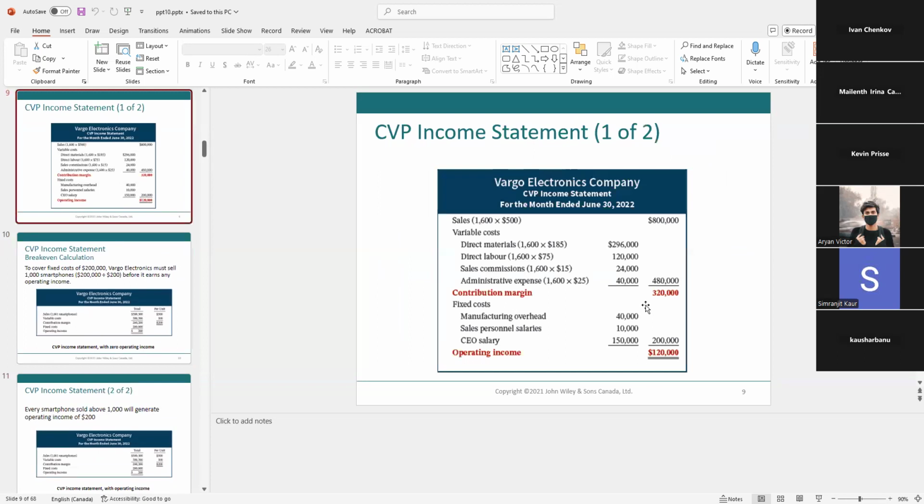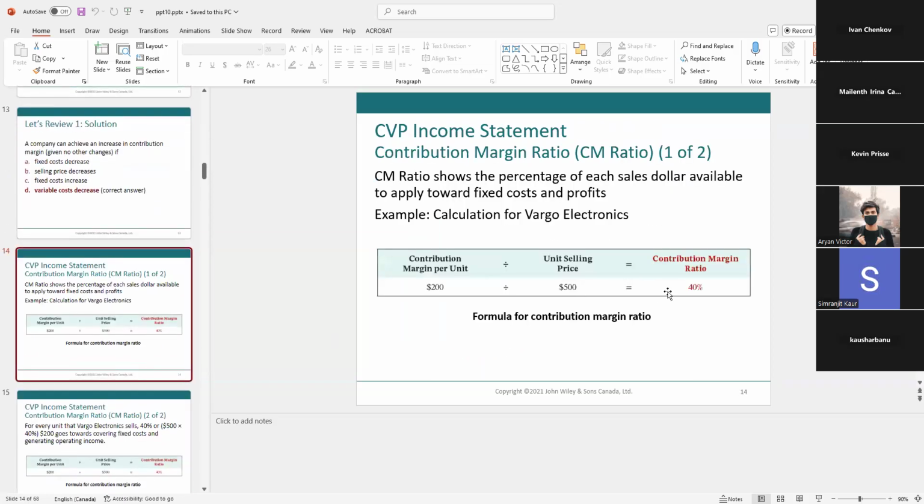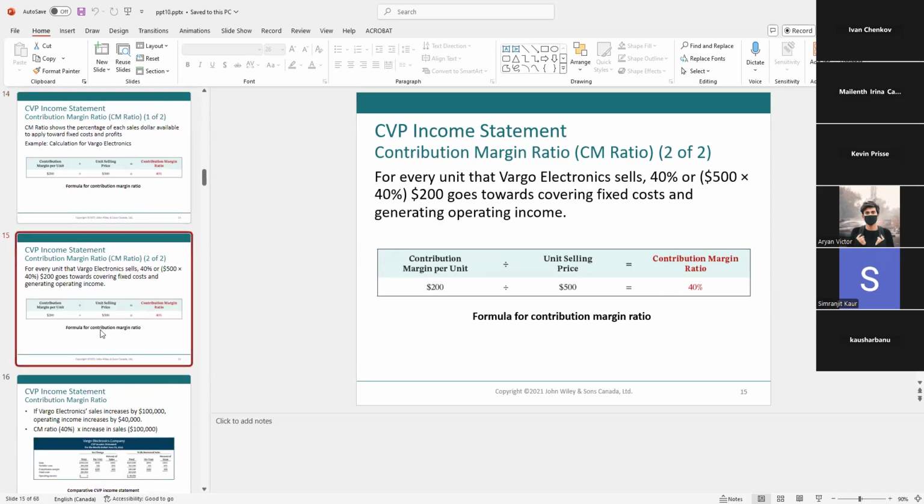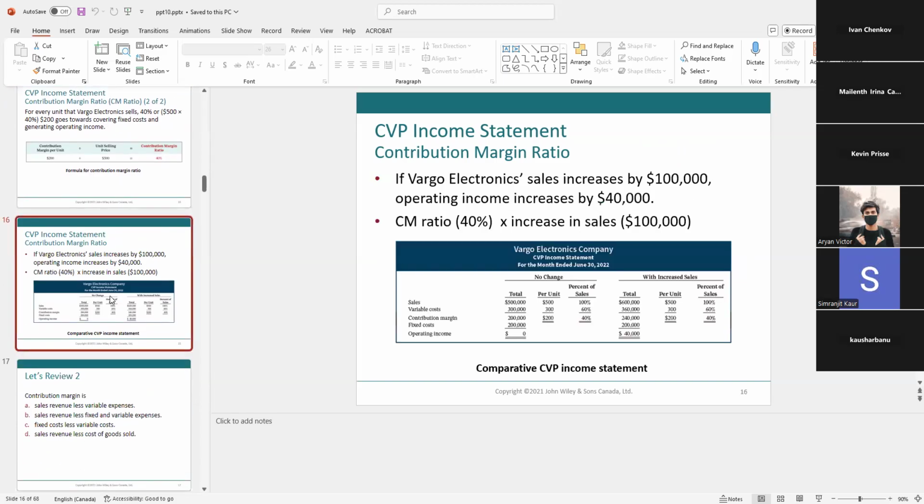Let's say here we can generate $320,000 contribution margin divided by 800,000, and that's going to give you exactly the same ratio of 40%. What that means is for every dollar that we're selling, 40% of that dollar is going to come to our operating income after we've covered the fixed cost.